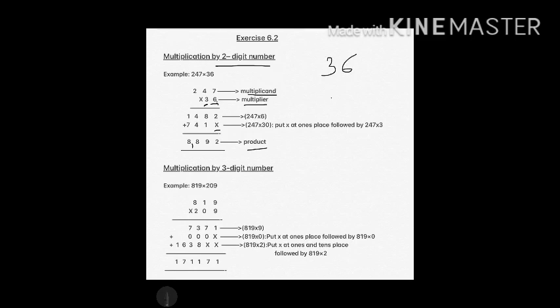36. What is 36? 36 exactly, if I write the expanded form, is 30 plus 6, isn't it? We have learned the expanded form now. 30 plus 6. So first I multiplied with 6, and now the second time I'm multiplying not with just 3, I'm multiplying with 30.